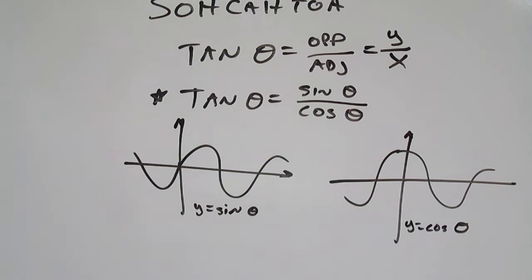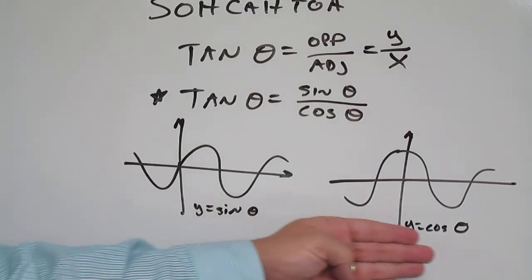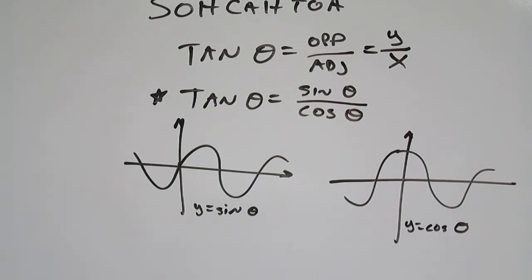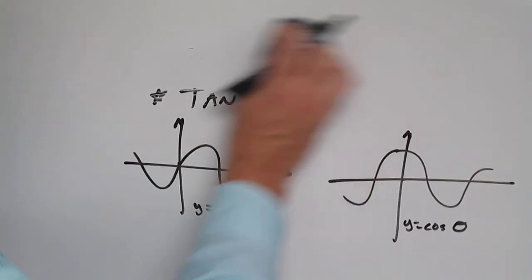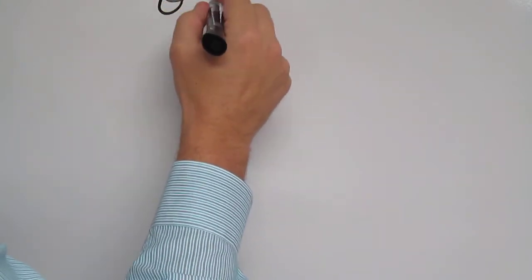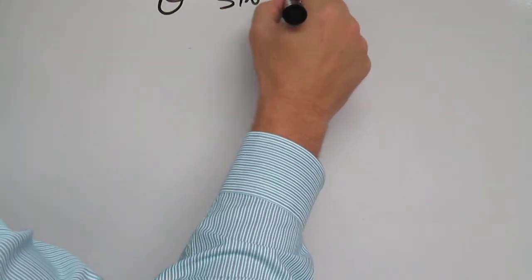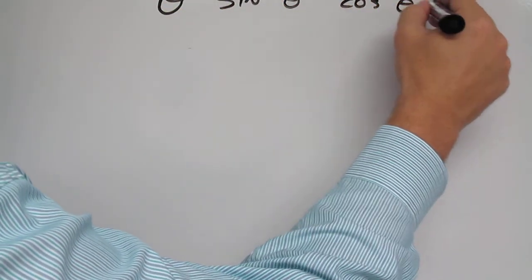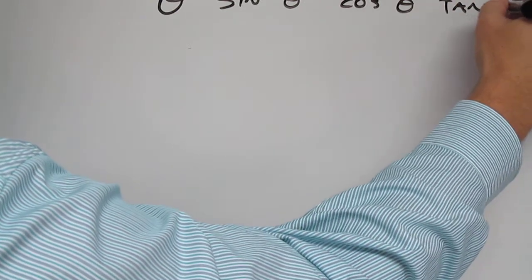If I consider what is going to happen if I'm always putting values of sine over cosine, it's probably easier to just set up a chart and think about these different things. So that's what I'm going to do at this point. I want to have different values of theta. Then I want to have the sine of theta, the cosine of theta, and the tangent of theta.